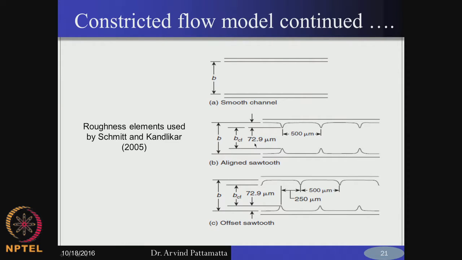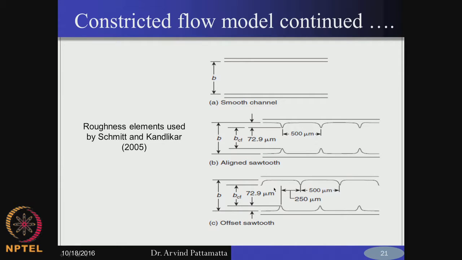There are also cases where there is an offset, where the top roughness is aligned differently from the bottom roughness. In that case the constricted flow width is calculated based on the one at the bottom, for example, as B minus 72.9 micrometer.